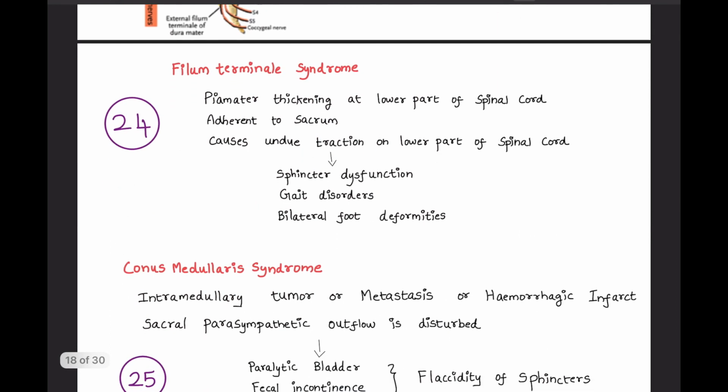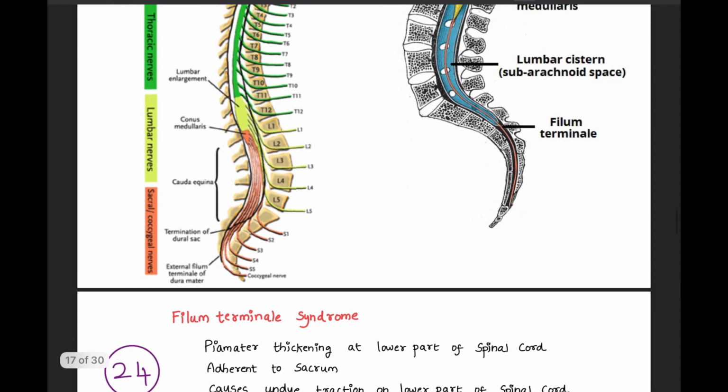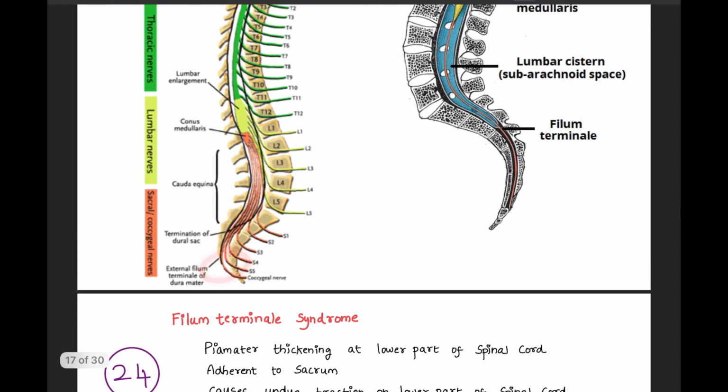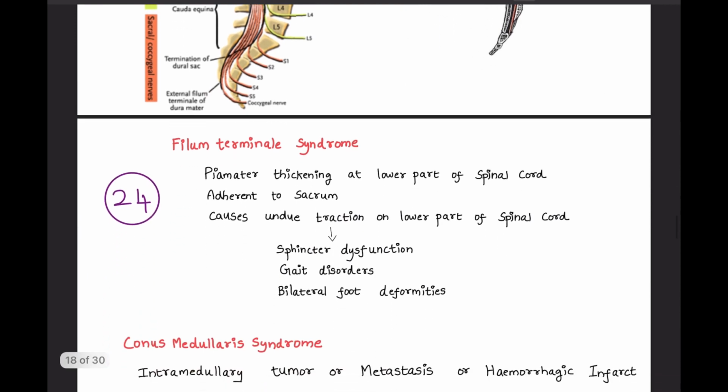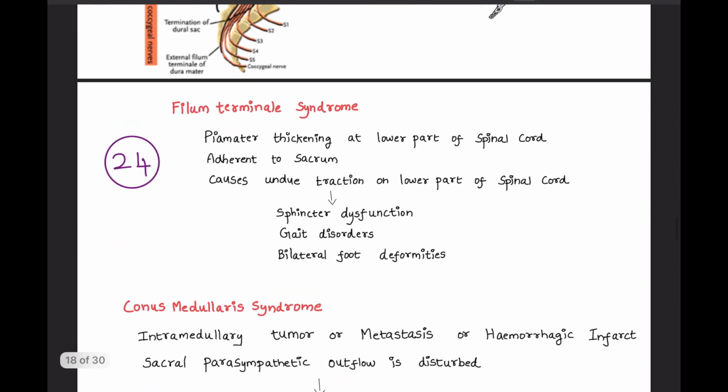So filum terminale syndrome. Why the filum terminale? It becomes thickened, fibrotic and shrunken. It is due to thickening of the pia mater at the lower part of the spinal cord. This filum terminale is adherent near the sacral vertebra.